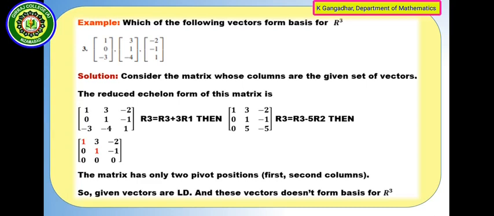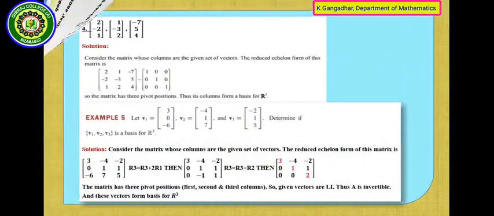So we say that the given vectors are not linearly independent. Since we have one free column, the given vectors are linearly dependent and they do not form a basis for R3. The matrix has only two pivot columns, first and second, so these vectors do not form a basis for R3.